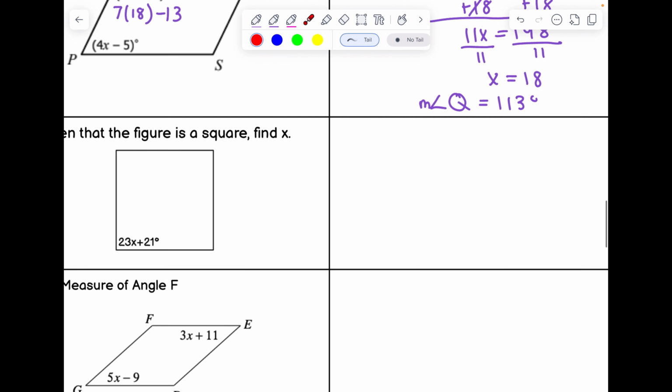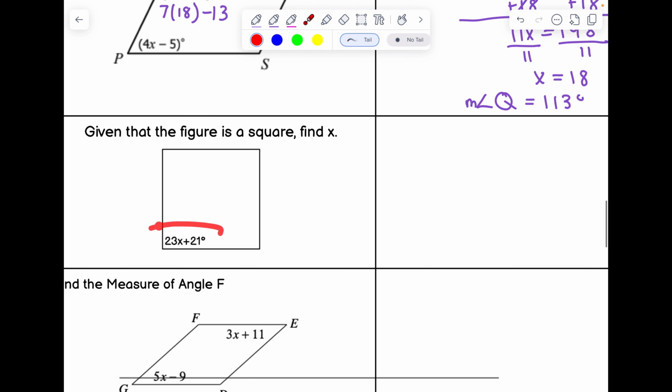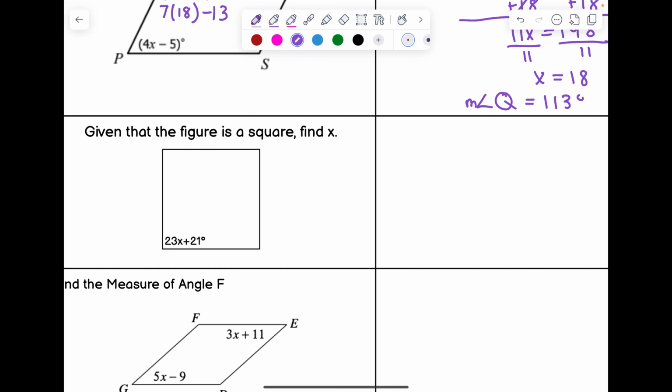Given that the figure is a square, find x. Well, in a square, each angle is 90 degrees. Therefore, the angle that we are given, 23x plus 21, is 90 degrees. We're going to subtract 21 from both sides.